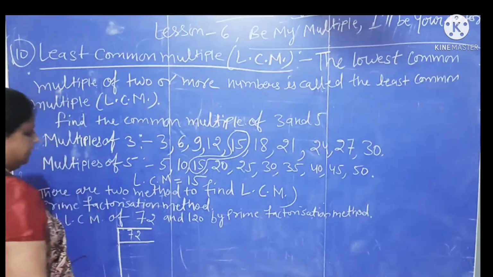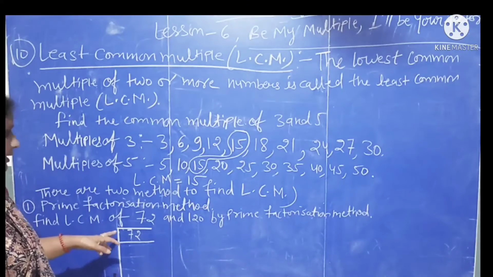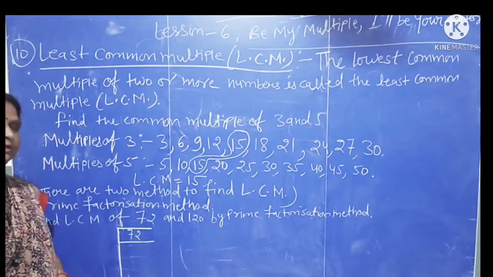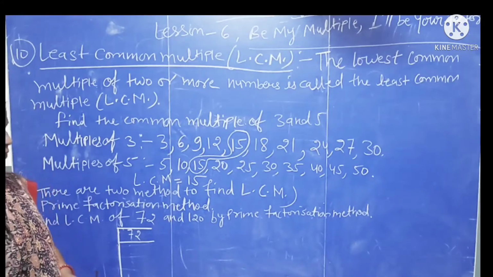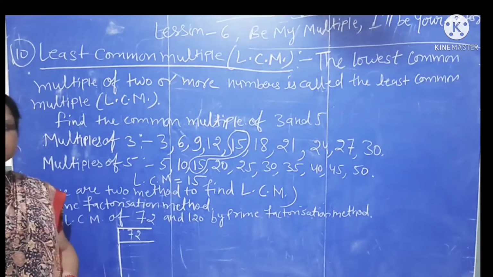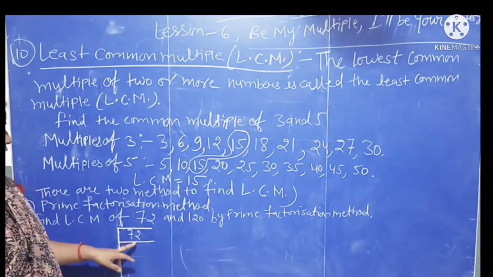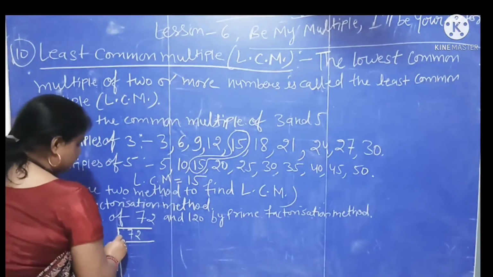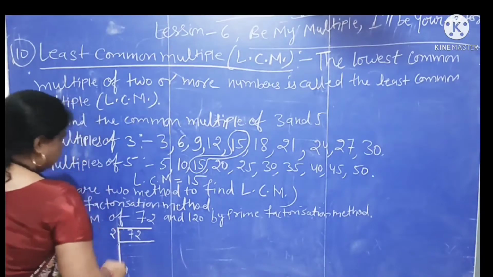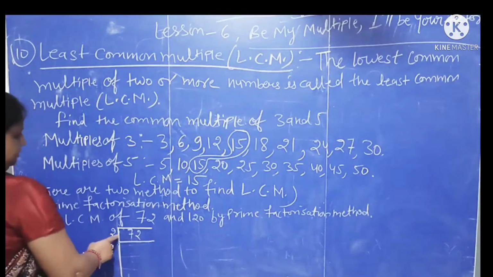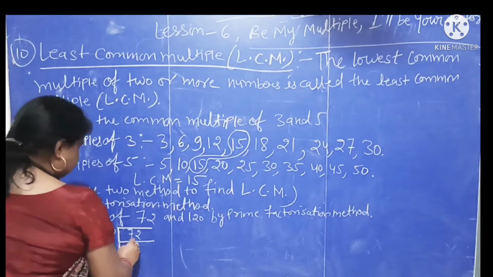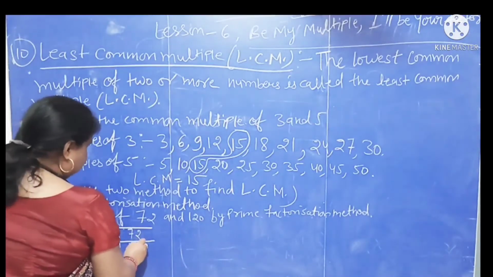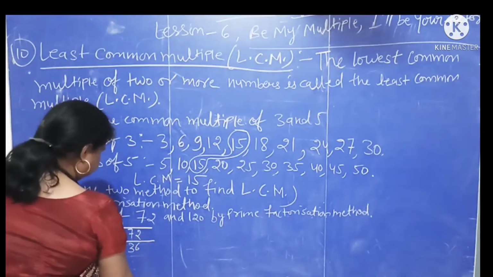So, the least prime number is 2. So, we divide 72 by 2. 2 times 3 is 6, remaining 1, here will be 12. 2 times 6 is 12.